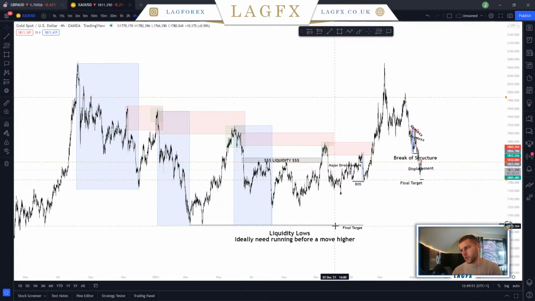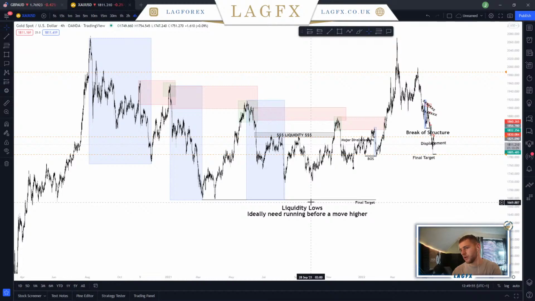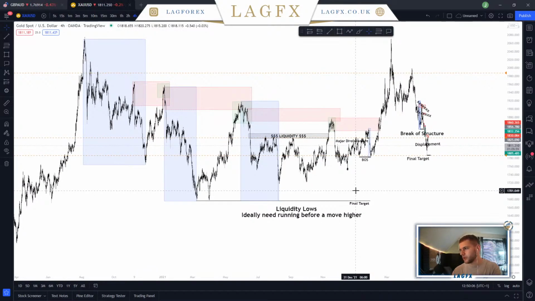I would quite like to see price actually just make a move through this level, because there is literally just so much liquidity sat at this 1675, and overall I think at some point price is probably going to want to make a run for that.